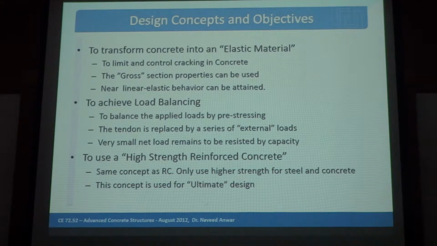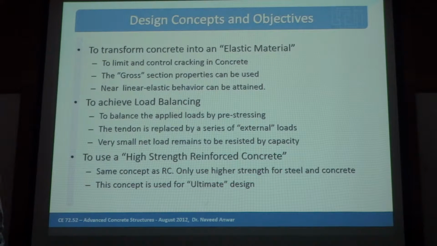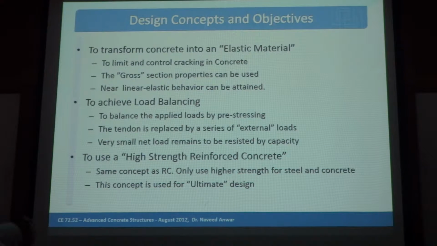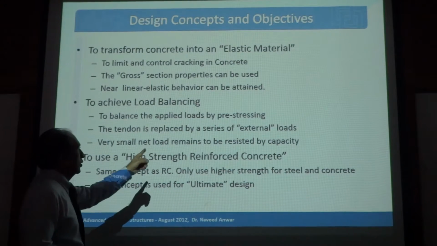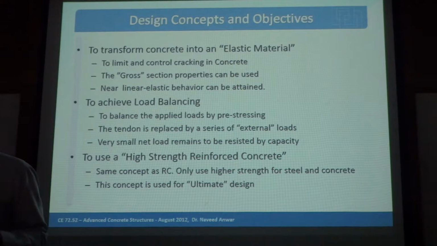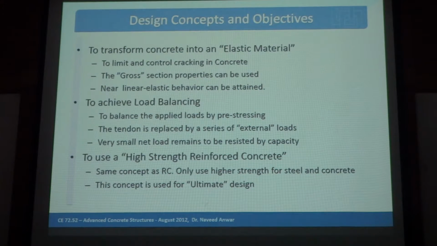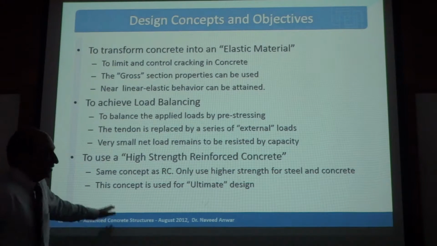So we actually apply a load in the structure by using a tendon or a wire or a cable. A very small net load remains to be resisted by capacity. So we can almost balance the loading. Of course, 100% balancing is not practical, but a lot. Then use high strength reinforced concrete.